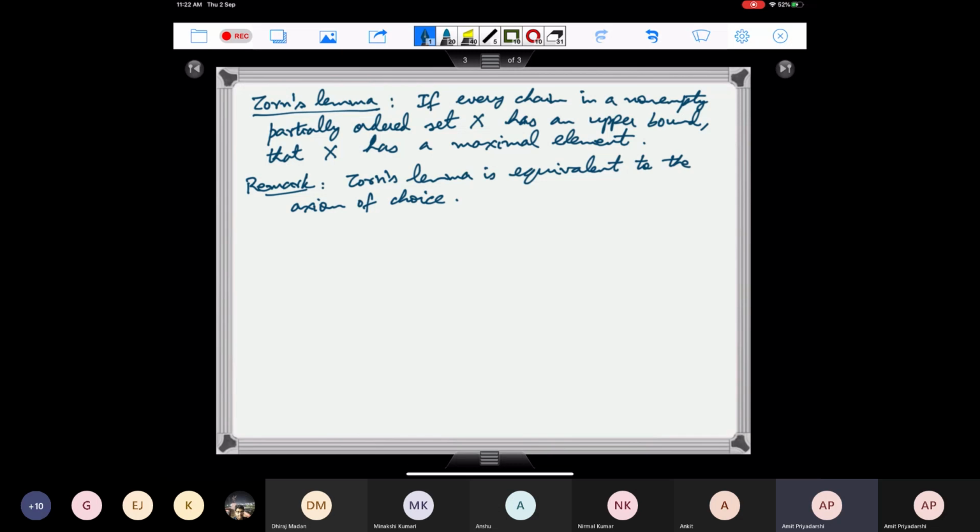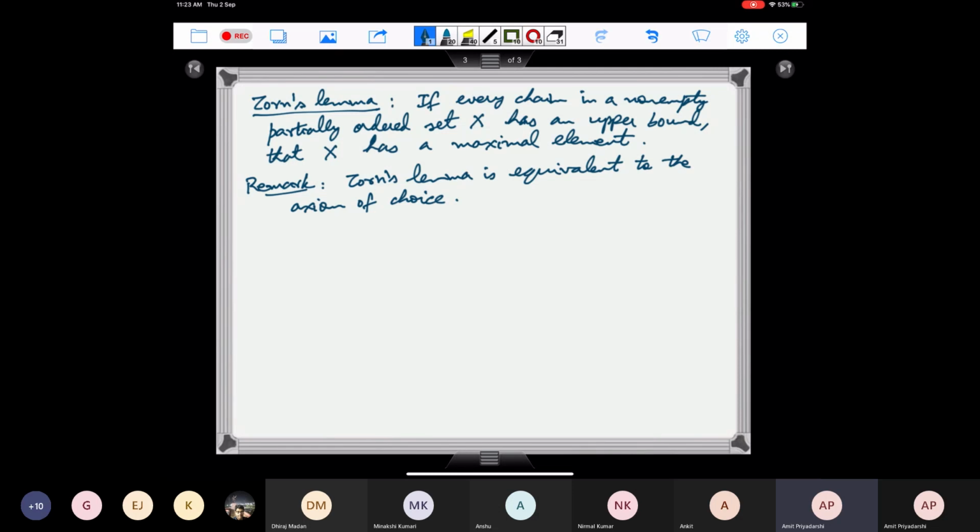What does the axiom of choice say? If you have a non-empty collection of non-empty sets, then you can choose one element from each of them. So if you have X alpha, a non-empty set for each alpha, then the axiom of choice simply says that there exists a small x alpha belonging to capital X alpha for every alpha.